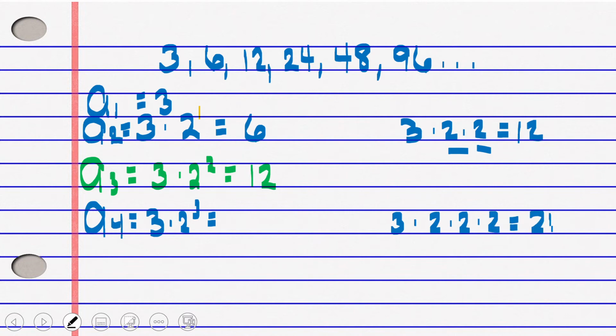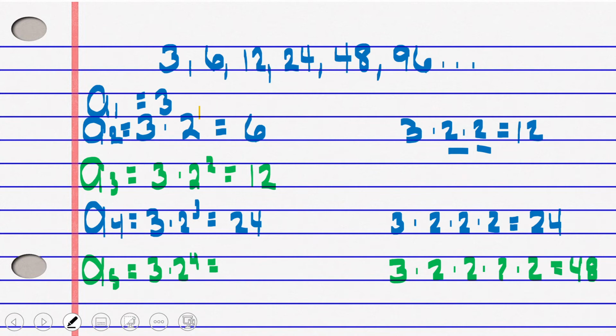That would equal 24. And then A of 5 would equal 3 times 2 to the fourth power. Check that out over here. That equals 48. So that's true. And we could keep going in that sequence.